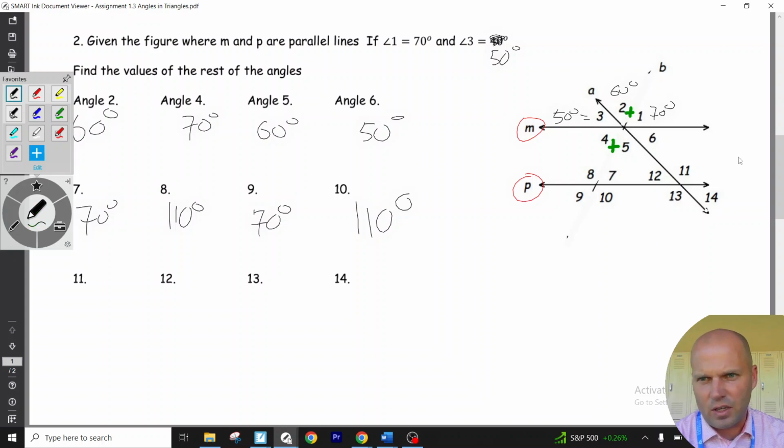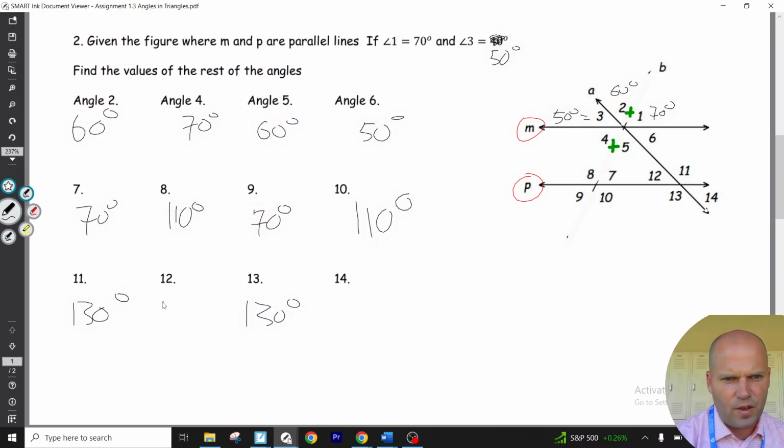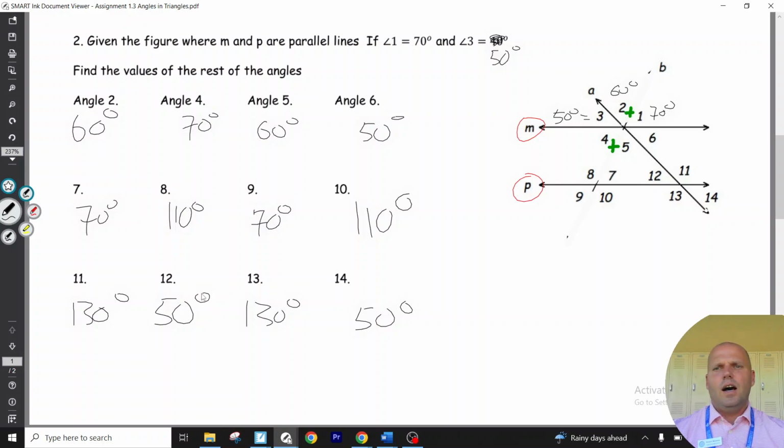So angle 11 will be 1 plus 2, which is 130, which is the same as angle 13. And then angle 12 is going to be 50, and then angle 14 is also going to be 50. Which is just saying that angle 5 plus angle 7 plus angle 12 will add up to equal 180.